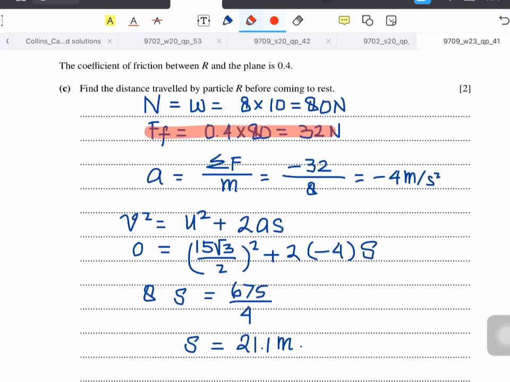And then the friction force is equal to mu times N. The mu is 0.4. The normal contact force is equal to 80, so 32 Newton. And then the acceleration is the net force divided by m. Again, the negative sign here because the friction force opposes the direction of the motion. And then the mass is 8. The acceleration is negative 4 meter per second squared.